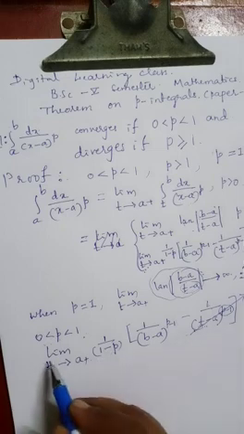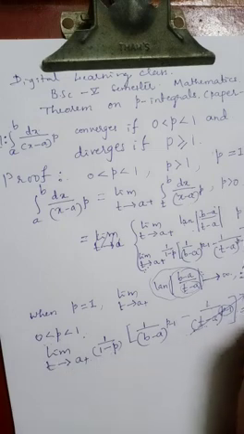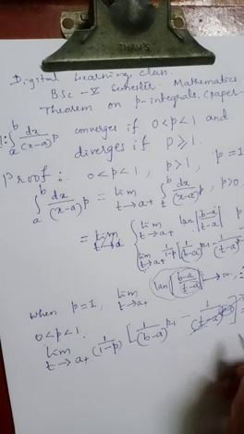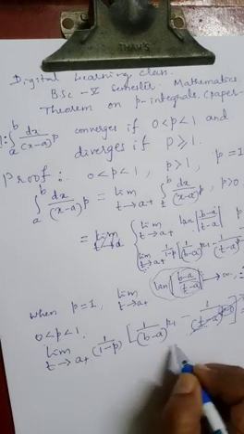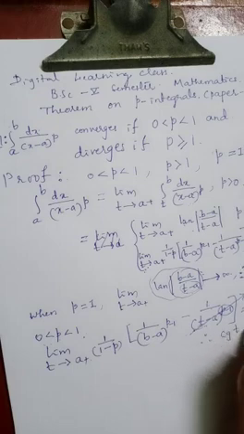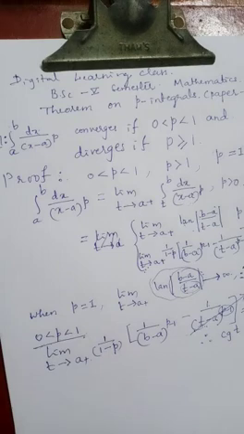So the total limit becomes finite. Therefore, the improper integral is convergent for this interval.